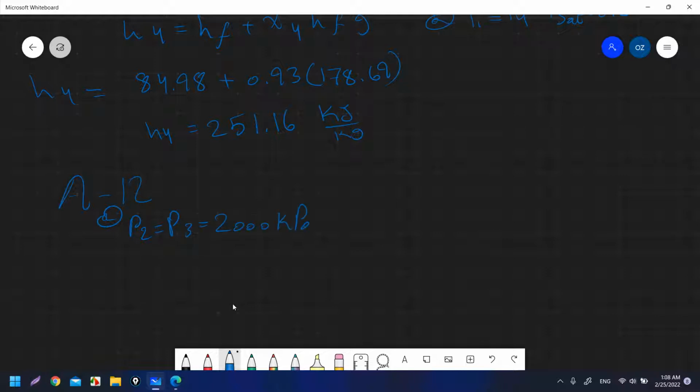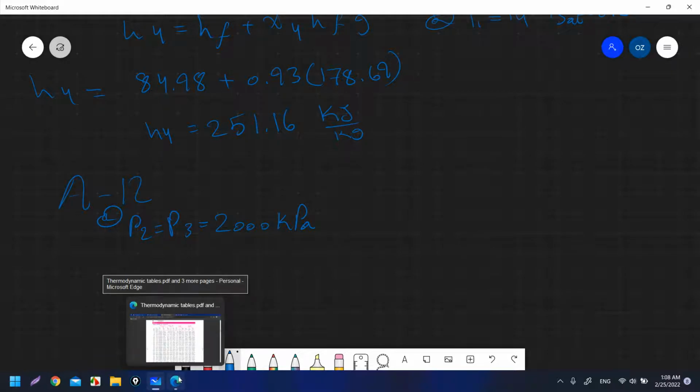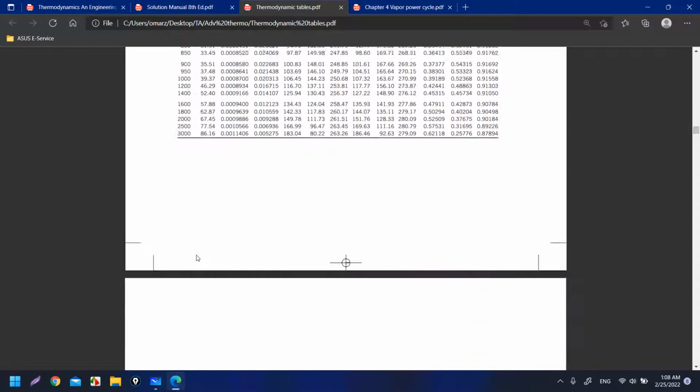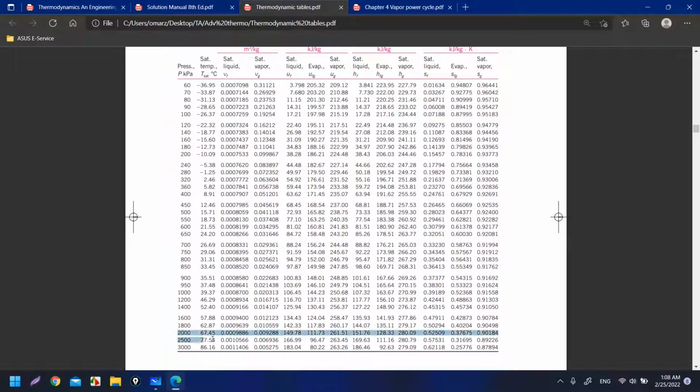Why P2 equal to P3? Because I want to find H3, so at state 3 also. I want to check if it is superheated or not, and how can I check? I have the entropy at S3. So let's go to 2000 kilopascal and check if my entropy is lower or higher than SG.